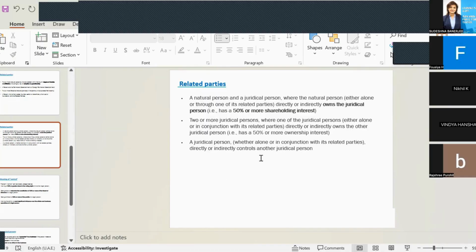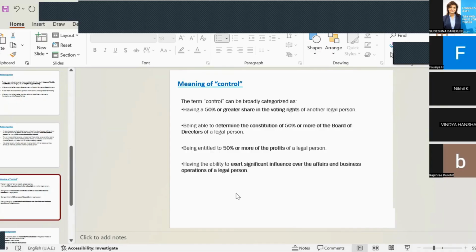There's an ownership interest that doesn't have to be the shareholding percentage, but gives control over the other company. A juridical person, whether alone or in conjunction with a related party, directly or indirectly controls the juridical person. So these are the most common situations where we can say that a person is related to the other party. It can be through shareholding or other than shareholding also.